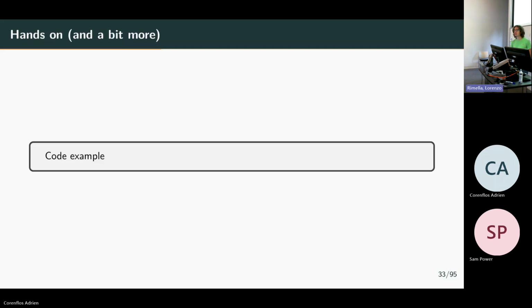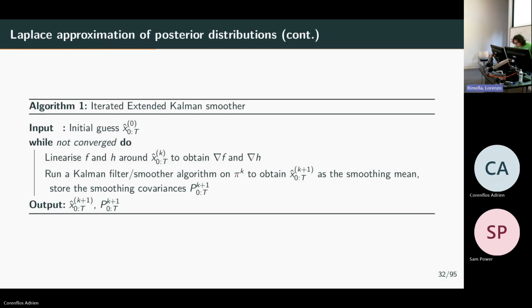I missed the parallelization step here. Can you parallelize? Yeah, of course. So the linearization is a map, right? So you linearize at each time step in parallel, right? And then it's a Kalman prefix sum.